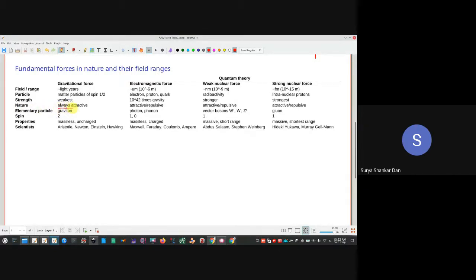So if there are, let us say, 10 to the power of 1000 particles, which, you can understand, is a huge number, each of these matter particles is essentially emitting a graviton with spin 2.